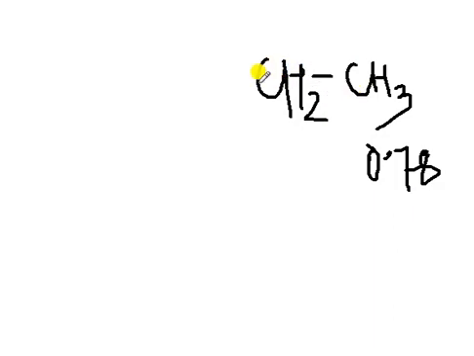So you can say that this group is already attached to another CH2. So it's CH3, CH2, and this will be a multiplet now, and this will also be a multiplet.